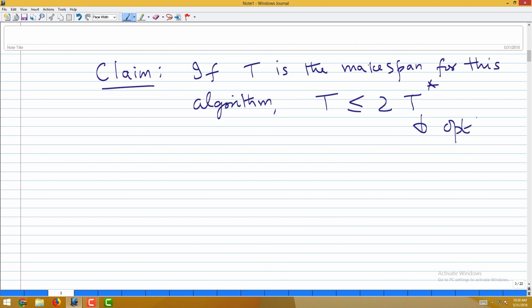Okay, so it is a ratio 2 approximation algorithm. Again, the challenge is that I do not know opt, I do not know a way of even computing it, but we will use some lower bounds for opt to do this comparison.